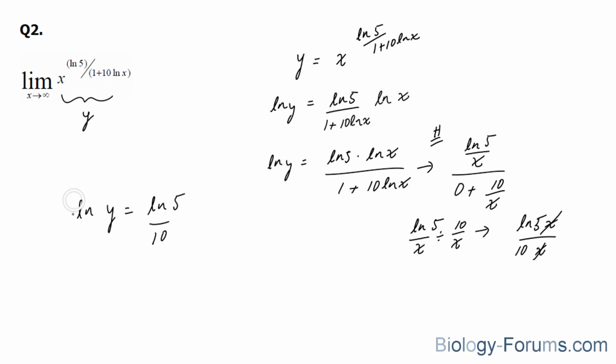But we still have this problem here. We're going to revert this back into terms with the base e by raising them both to the base e. This gives us y is equal to e to the power of this thing, and that is the limit for question number 2.